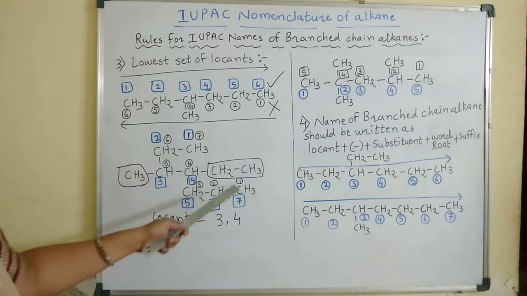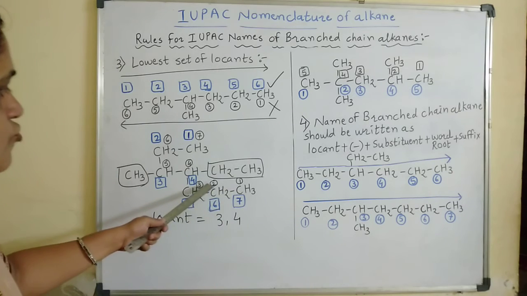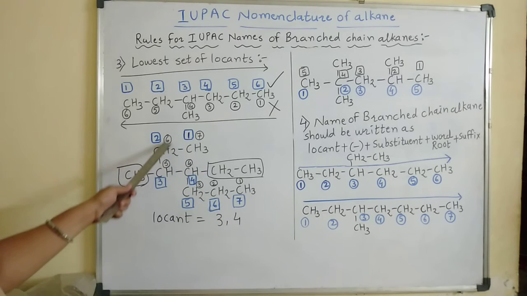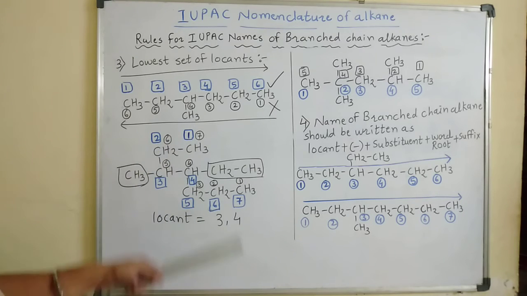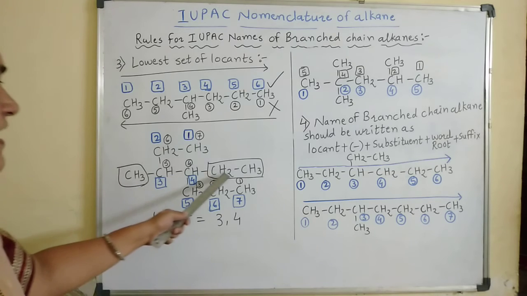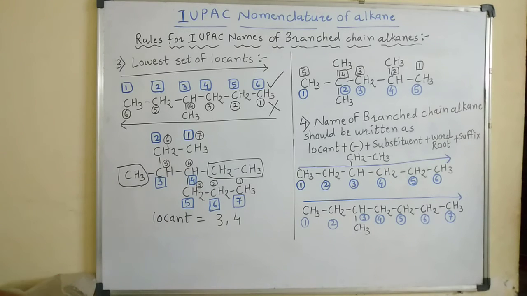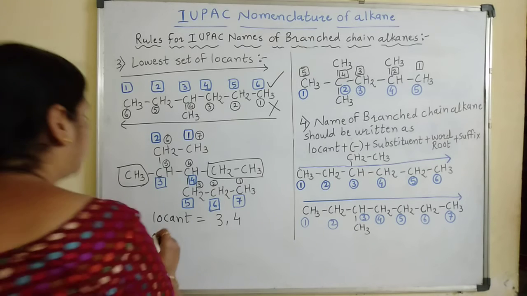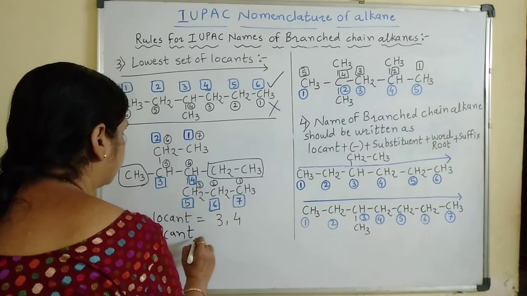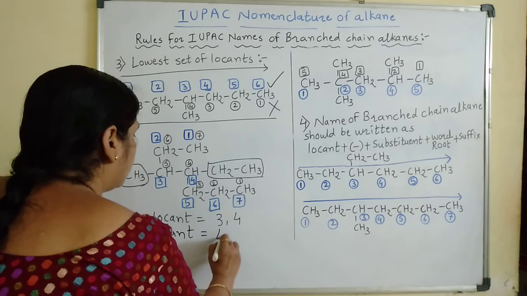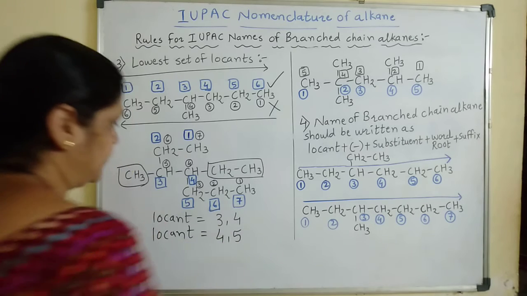And if you are numbering from this side, 1, 2, 3, 4, 5, 6 and 7, which I have written with black color marker, then you find that carbon number 4 is carrying a substituent and carbon number 5 is also carrying a substituent. So this way you are getting the locants 4, 5.